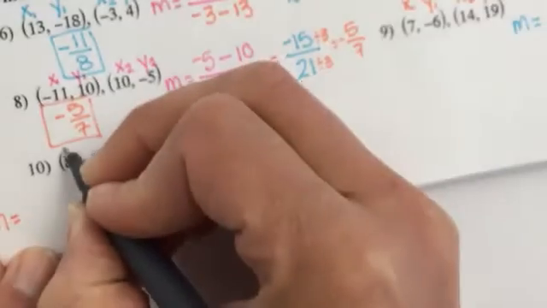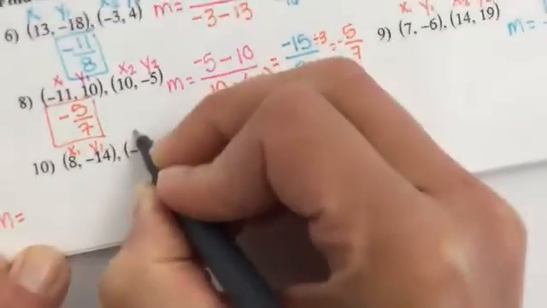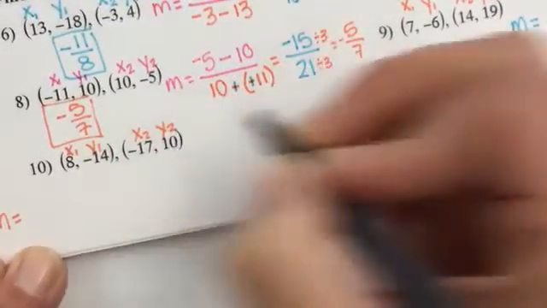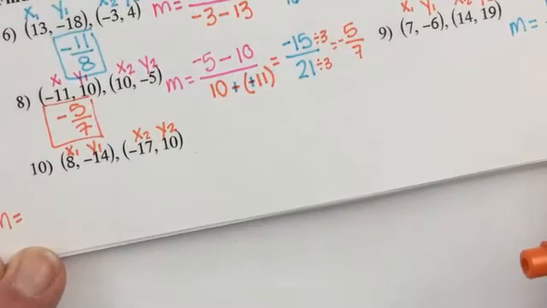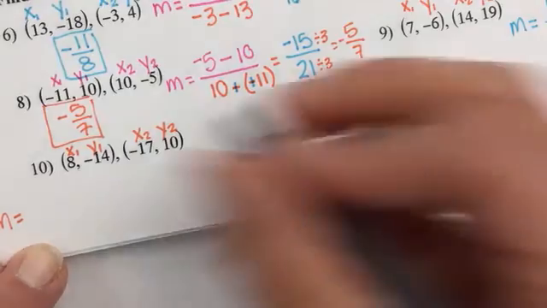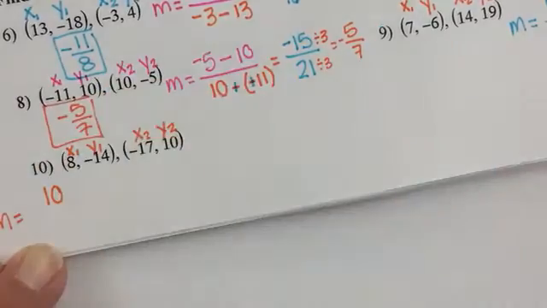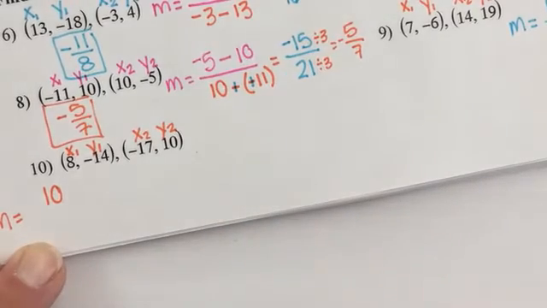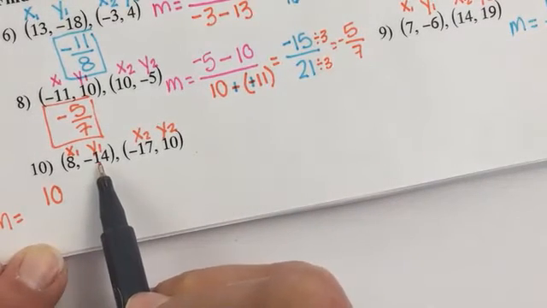Our next one, X1, Y1, X2, Y2. Okay. Kamora, what is my Y2? 10. And Kelsey, what is my Y1? You see my Y1 right here? What is it?